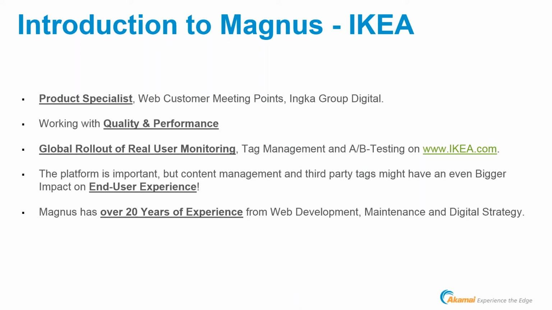He focuses on the global rollout of real user monitoring, tag management, and A/B testing on the IKEA.com website. Magnus has over 20 years experience and is very much focusing not just on the platform but on content management, third-party tags which are having even greater impact on end user experience.